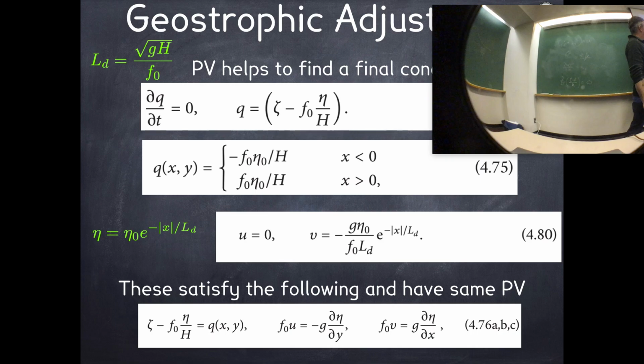So the potential vorticity didn't change. The potential vorticity was there in the initial conditions, it was there in the final conditions. So the potential vorticity is the magic key to the geostrophically adjusted part of the initial conditions.